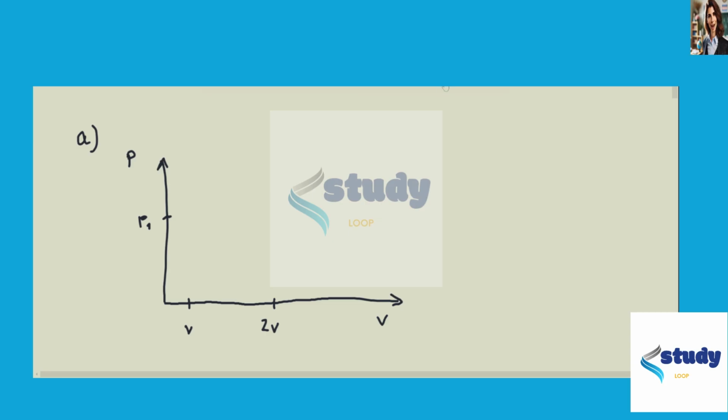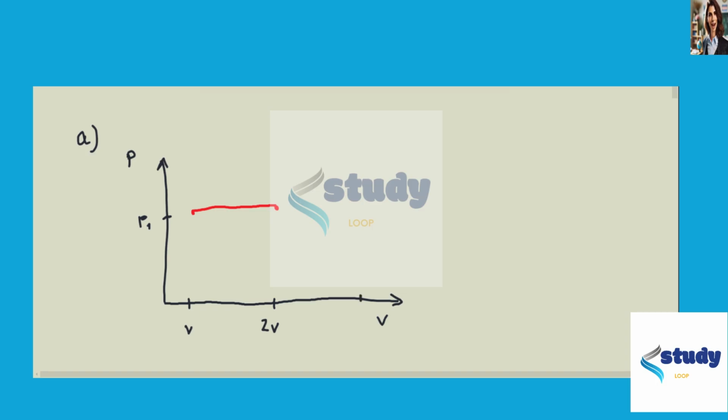We will use one color to connect this common point and this common point, and the process would look something like this: a straight line, constant pressure, the only change is in the volume. Later on, both pressure and volume will change, but they will change adiabatically.